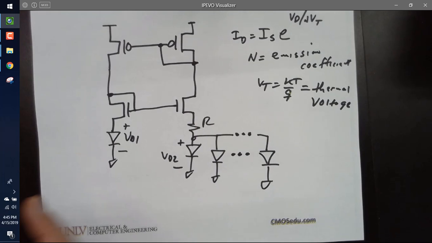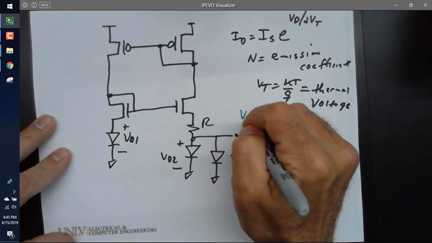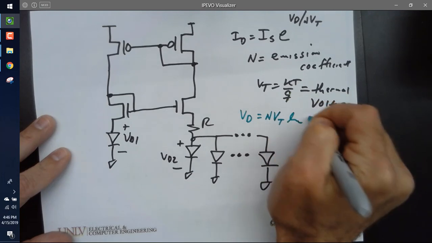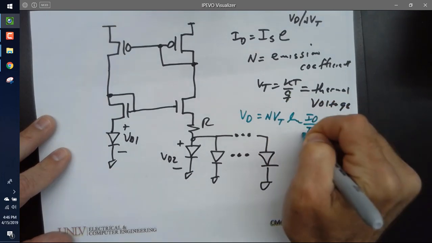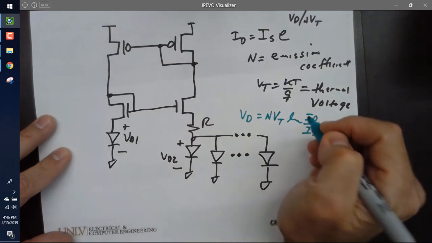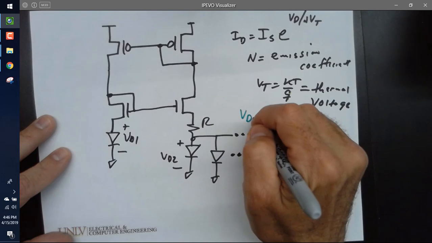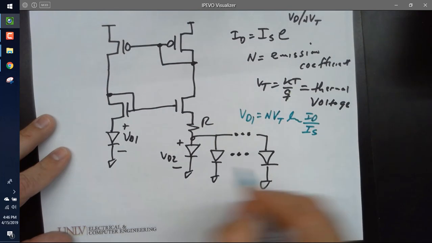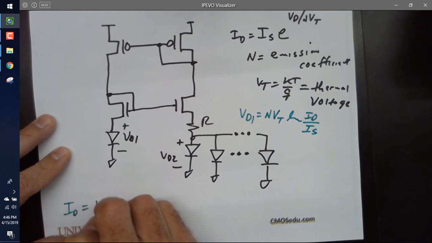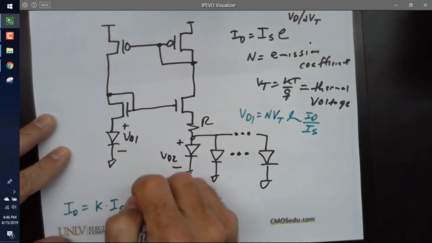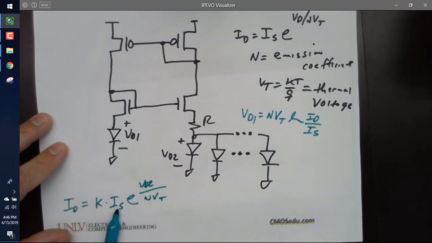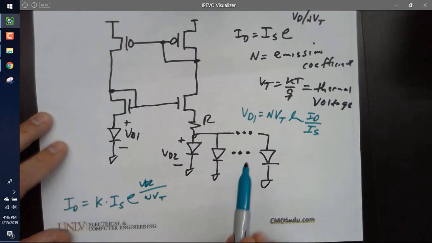Yeah. All right, so would everybody agree that V diode is equal to NVT times the natural log of ID over IS? So I could write this as V diode 1, and then for V diode 2, well, wait a sec. K times IS, I have K diodes in parallel.